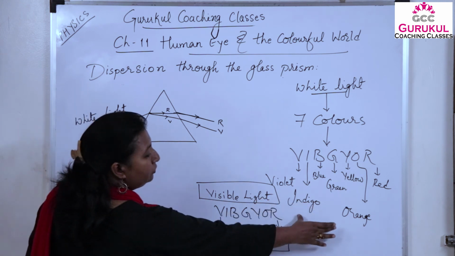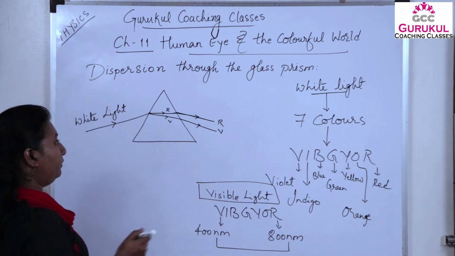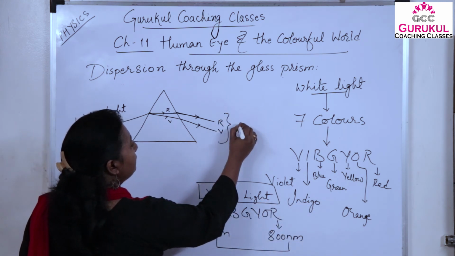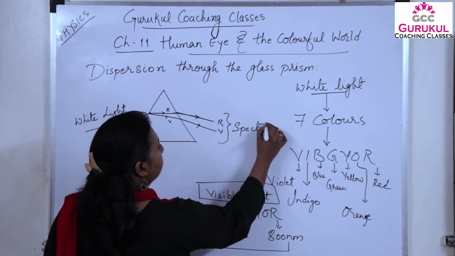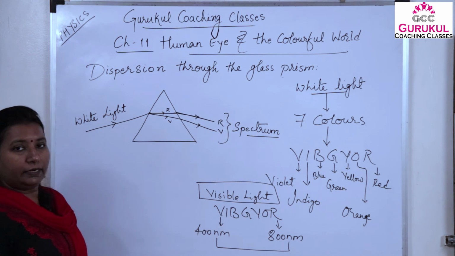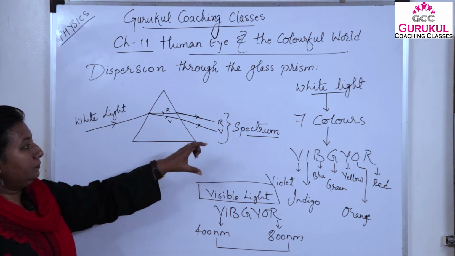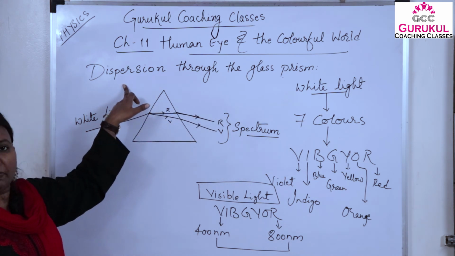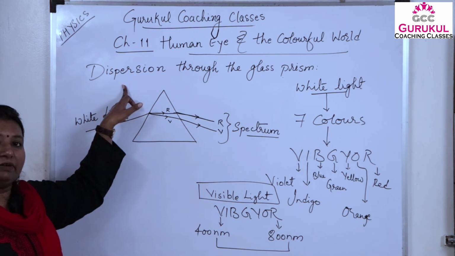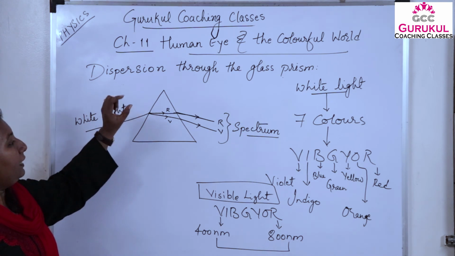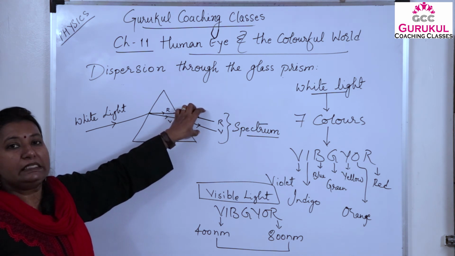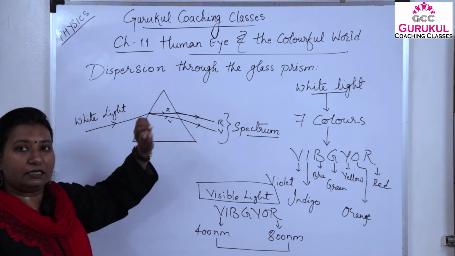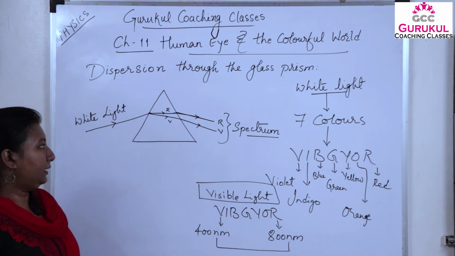And these 7 constituent colors form a spectrum. Spectrum means a band of 7 different colors which are present in the white light.